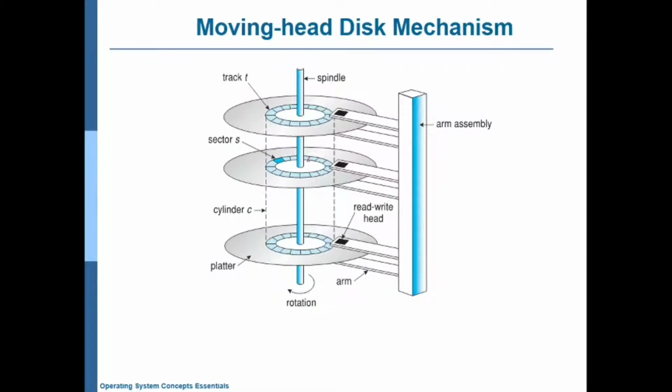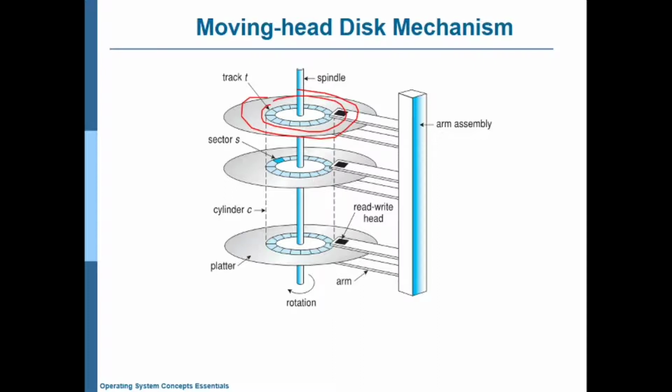This is actually a disk. You can see here this is a disk and this is an arm, which keeps on moving. There will be a number of tracks, and each track has a number of sectors.